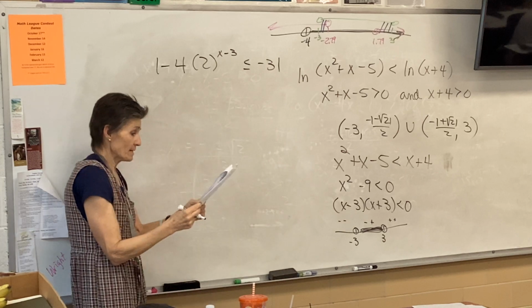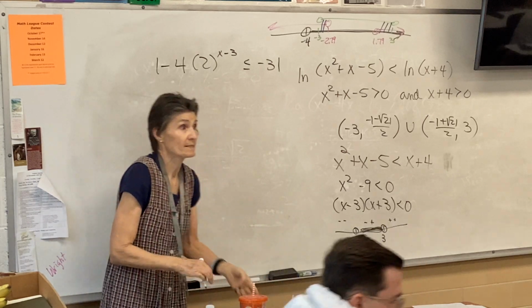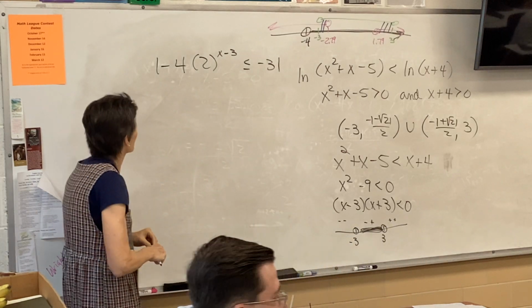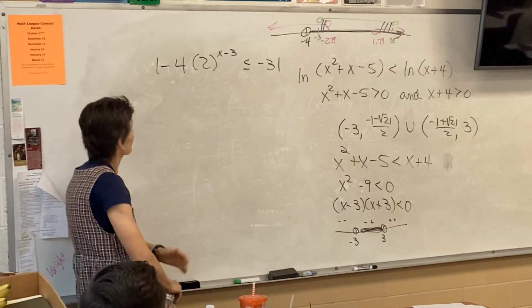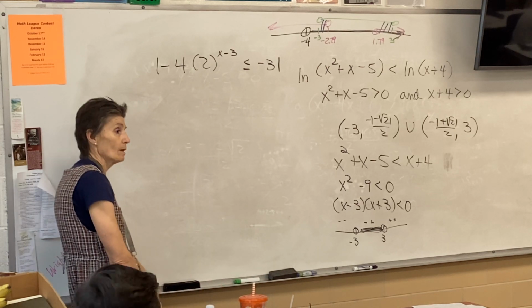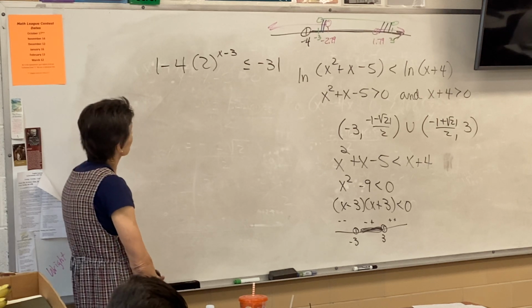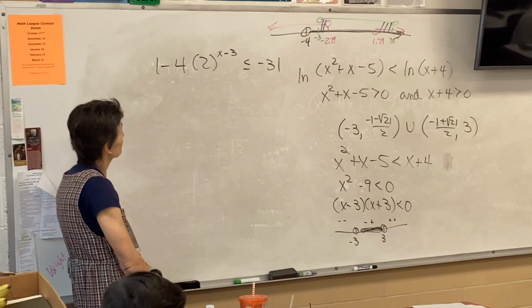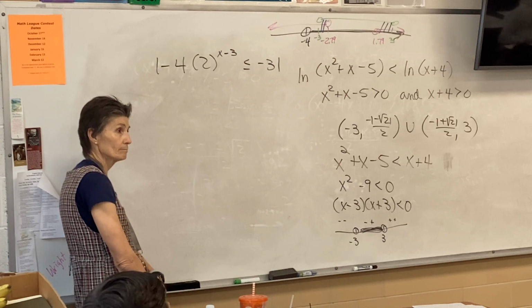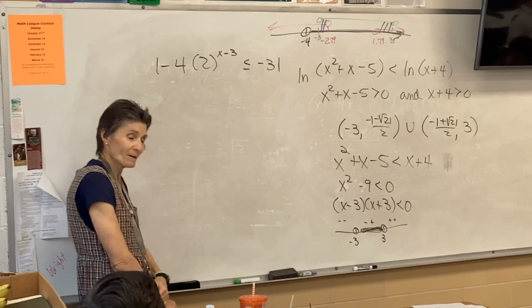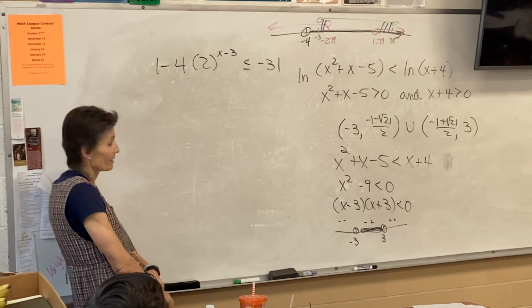So this is another inequality, but it's an exponential this time. All right, thoughts? You guys, you must have a thought. You have to have a thought on how to do this problem.